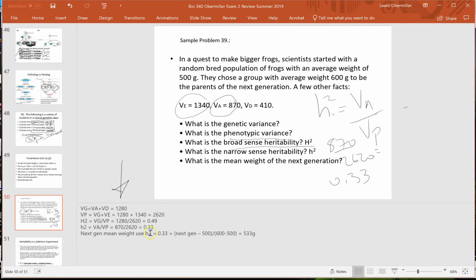And then if we want to find out the mean weight of the next generation, remember we have the narrow sense heritability value, which we already have, which is 0.33, equals the next generation, so what the frogs are going to weigh, minus 500, which is the original, divided by the new parents, which is 600 minus 500.